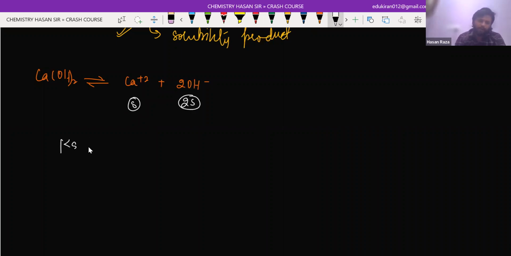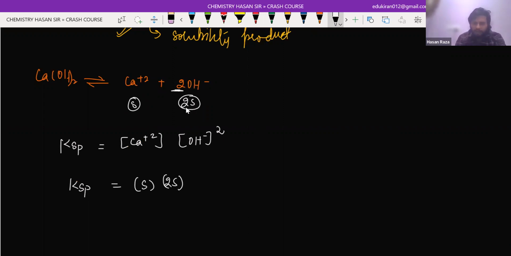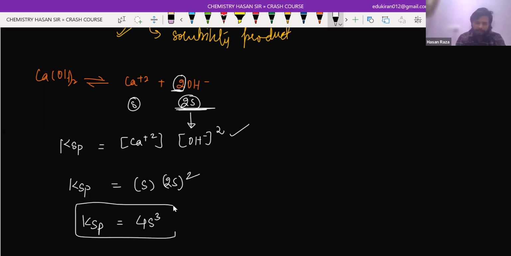Now, if you are going to calculate the Ksp, concentration of Ca2+ will be here, and here it is concentration of OH minus, but here you can see the stoichiometric coefficient is 2. So you are going to put 2 here, and then you will be getting Ksp is equal to S into 2S whole square, because the concentration of OH minus is 2S, and here the power is 2 because of this stoichiometric coefficient. So this will be the answer. Ksp will be equal to 4S³ for this reaction.